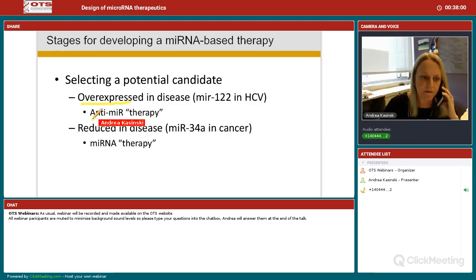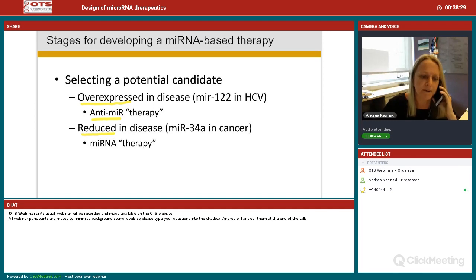You'll see over and over again through the talk that those are often referred to as anti-miR therapies, where we're blocking the activity of these through sequestration. The other class are microRNAs that are reduced in the disease state, as I mentioned for miR34, and these are ones that perhaps we want to restore, particularly if we can find out that overexpression of the microRNA or reintroducing this microRNA can help with whatever the disease is.